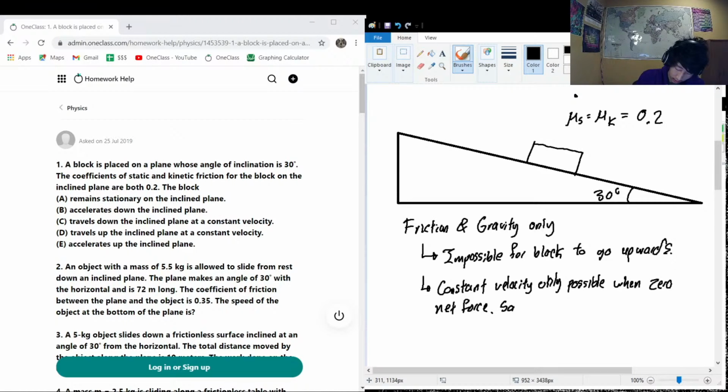The question says that the block was placed on it. If it was put on the ramp with an initial velocity, it would say it would be put on it with an initial velocity. So saying that it's placed on it means that it was put on with the velocity of 0. So initial velocity 0.